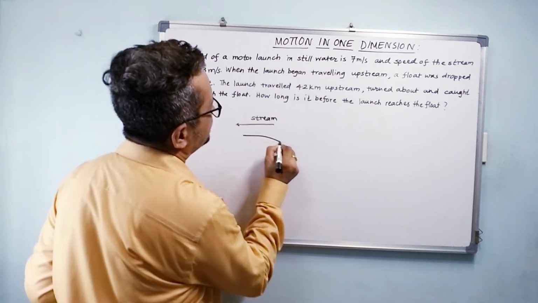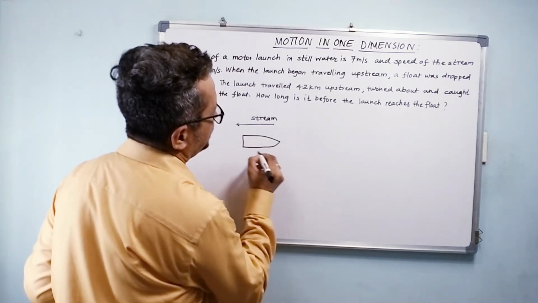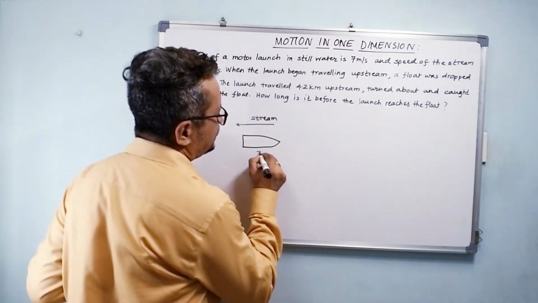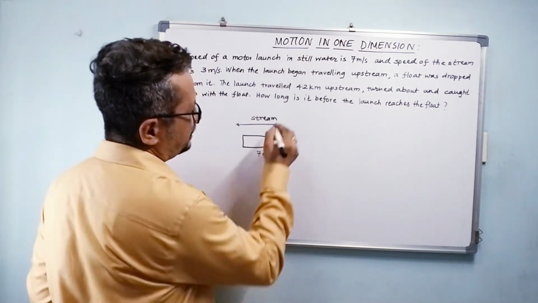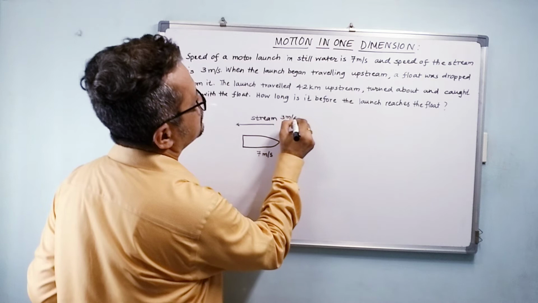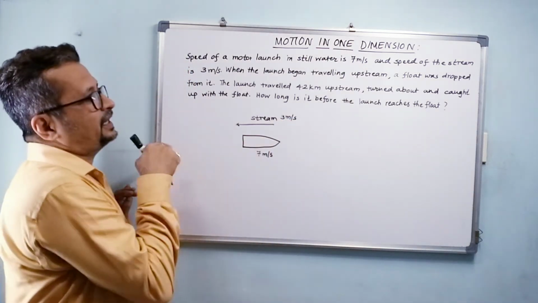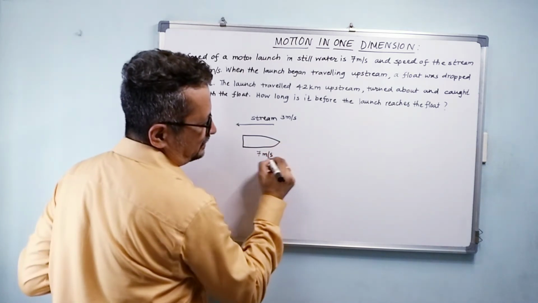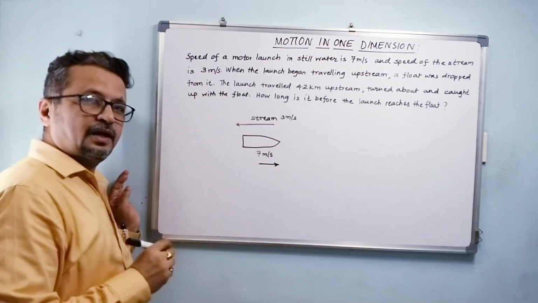And this is that launch or boat, whatever you say here. Its speed in still water is 7 meter per second, and speed of stream is 3 meter per second in the west, and this launch is moving in this direction, moving upstream.